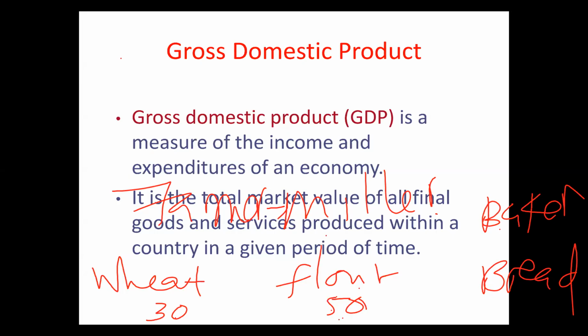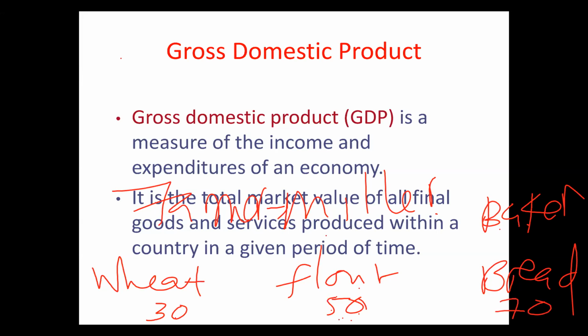The miller converts the wheat to flour, and the flour is now valued at 50 kwacha. He has added value. Then he sells this flour to the baker. The baker makes bread, and just for the sake of illustration, he sells it at 70 kwacha.